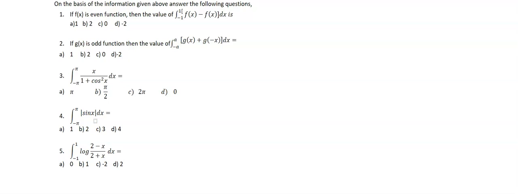Let us solve this. Let I be equal to integration of minus a to a x by 1 plus cos squared x dx. Now, let us take this function x by 1 plus cos squared x as p of x. So, p of x is equal to x by 1 plus cos squared x.